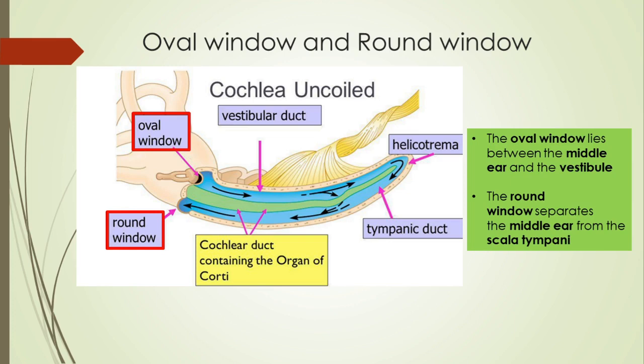The round window separates scala tympani or the tympanic canal from the middle ear. At the apex of the cochlea, the vestibular canal and tympanic canal meets and this junction is called helicotrema. The vibrations from the vestibular canal moves into the tympanic canal at helicotrema and causes bulging of round window.